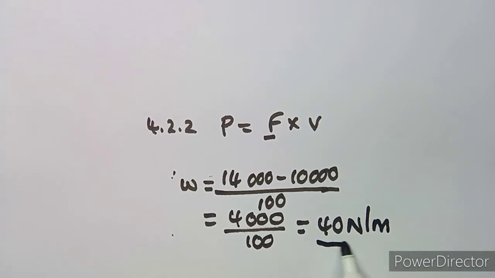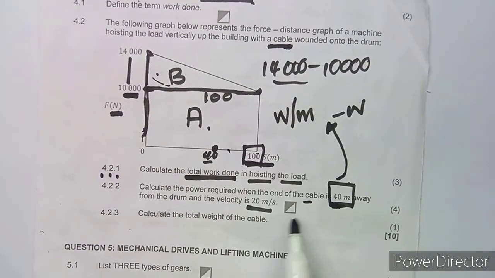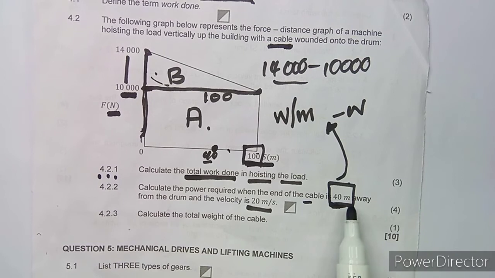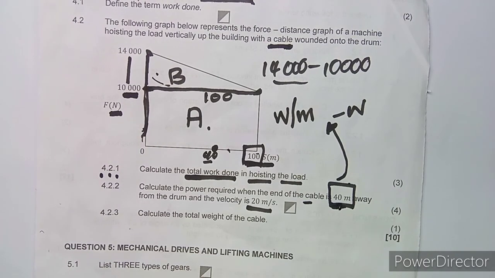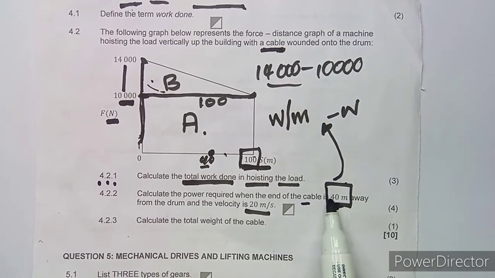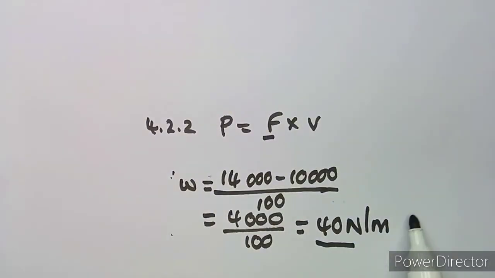So previously, you were given that the cable has 40 Newton per meter. But now we are given that it is 40 meters away, which means the displacement is 40 meters. So you multiply this by 40 meters.